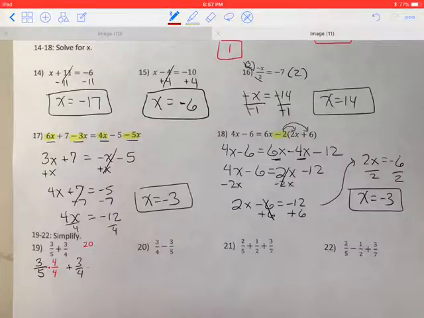So I do that top and bottom. Then this second fraction, I need to multiply by 5 top and bottom. So that gives me 12 over 20 plus 15 over 20. And that gives me 27 over 20. Now that's reduced, so I can stop there.